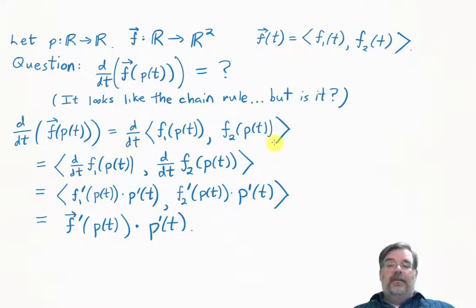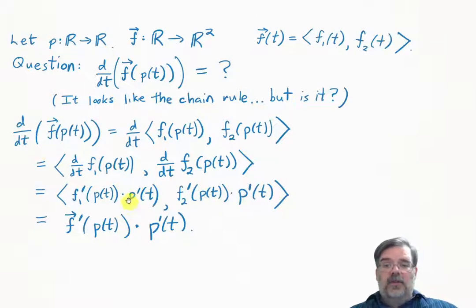Calculating the derivative of a vector function, we just calculate the derivative of each part. But each one of these is an ordinary chain rule. So the derivative of f1 of p of t is f1 prime of p of t times p prime of t. The derivative of the outside function times the derivative of the inside function. And same idea for the second component.